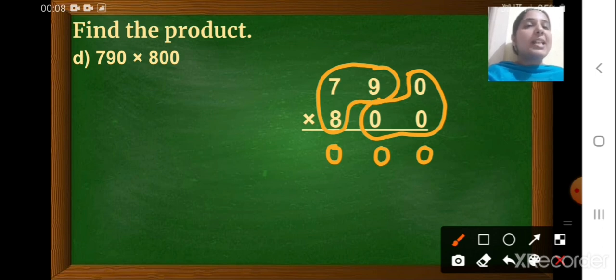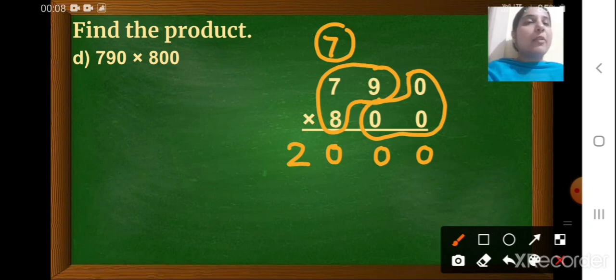So 9 8s are 72. So 2 we will write here. 7 will be carried over to the next place. Now 7 8s are 56. Sorry, 8 7s are 56. 56 and 7 will be 63. So what is the answer obtained here children?